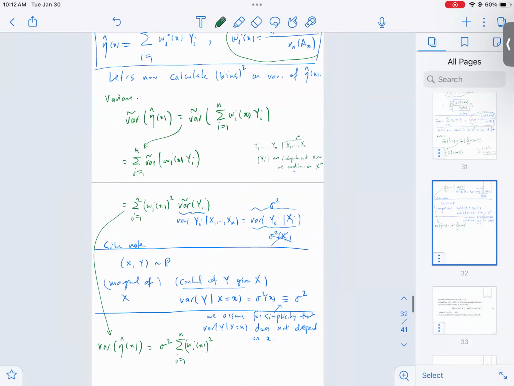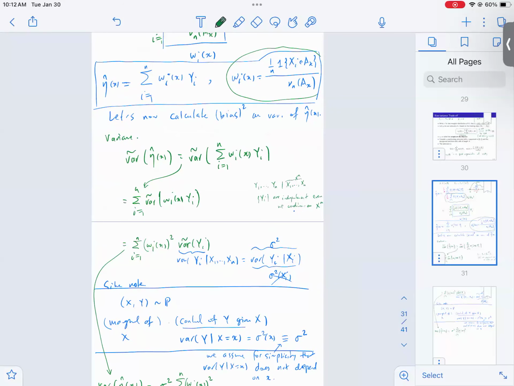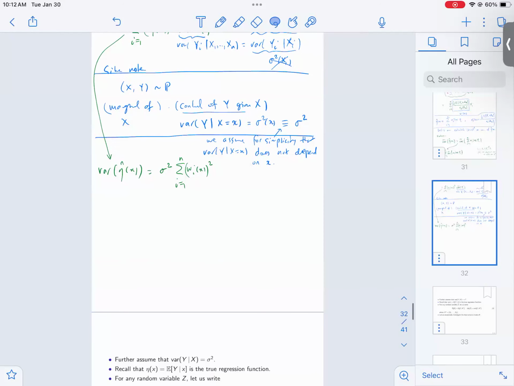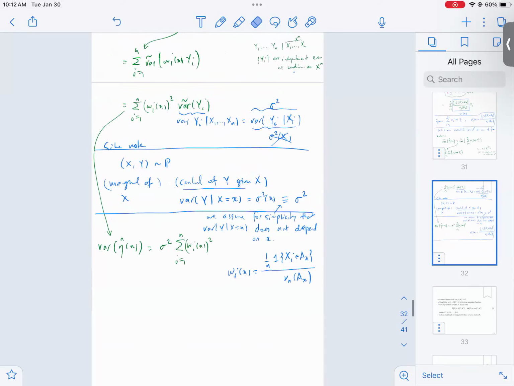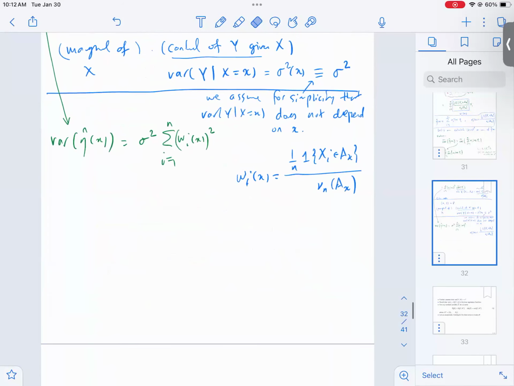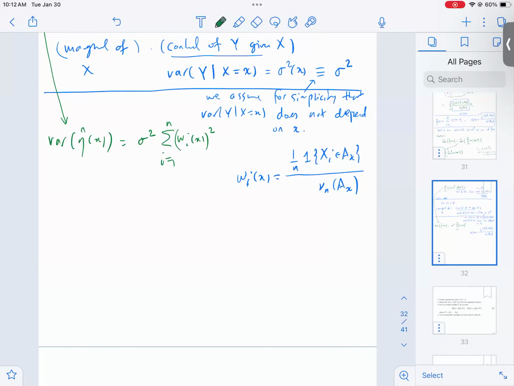So we square this. Copy. So that's w_i. So what will happen if I square this? Whenever x is in A_x, there's 1 by n squared.